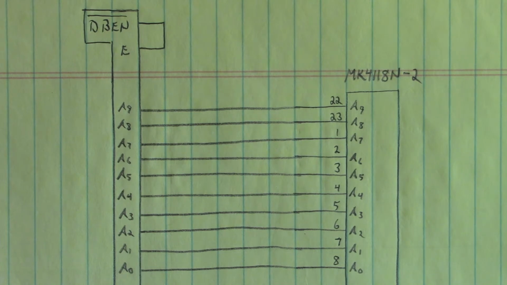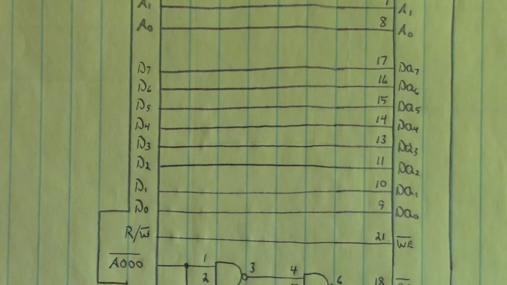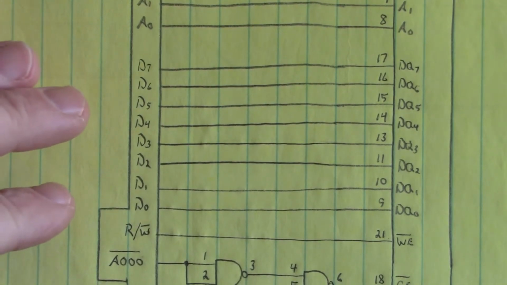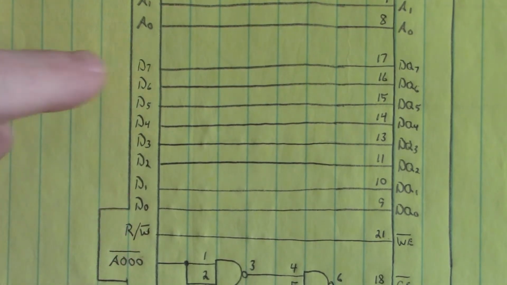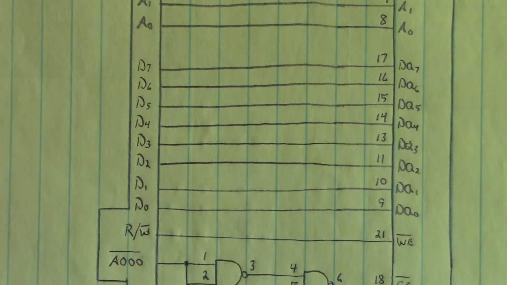Let's take a look at the rest of the circuit down here. We're going to look at the data bus and control. Alright, now here's the data bus. We have D0 to D7 on the trainer, and with jumper wires I have it connected to the data bus on the SRAM.